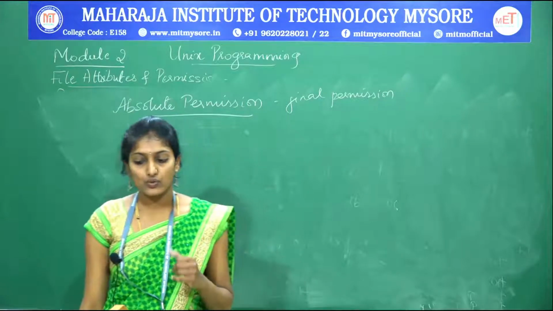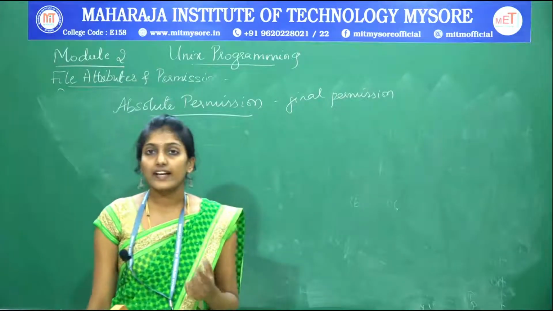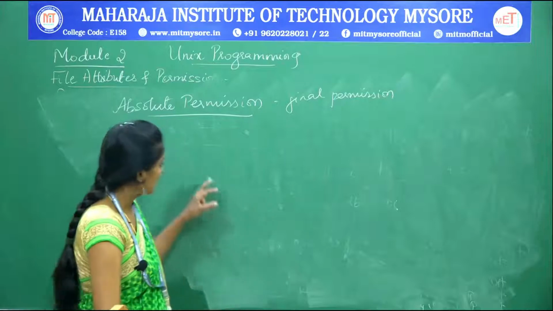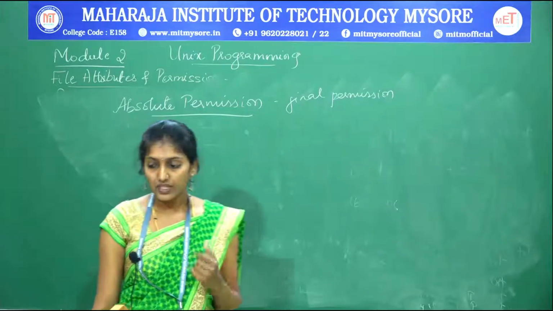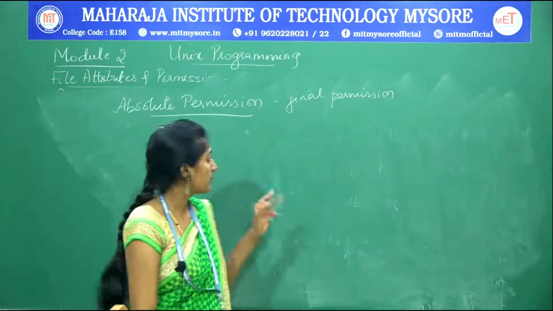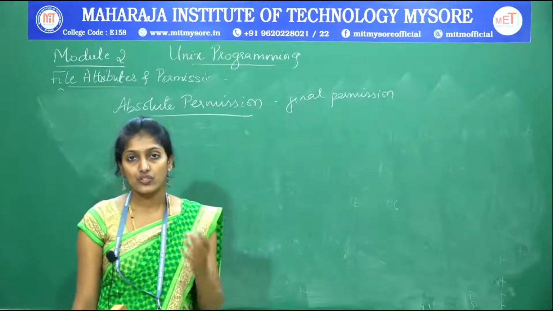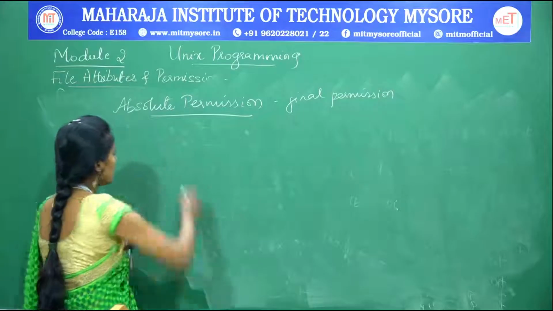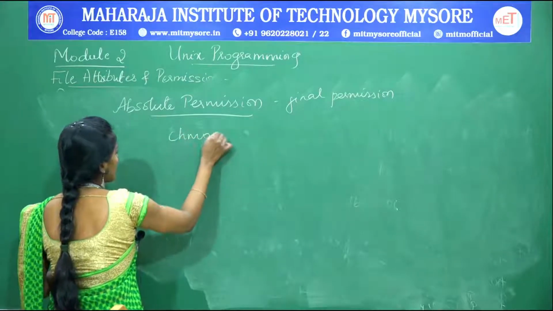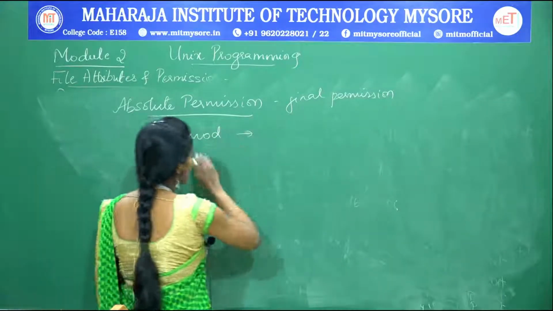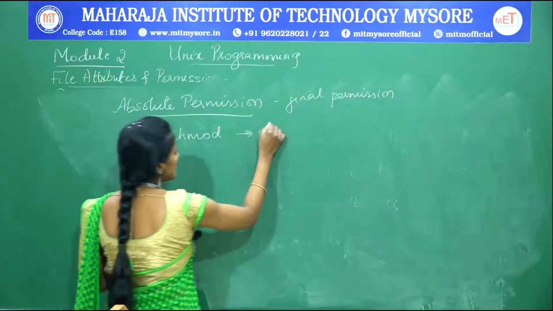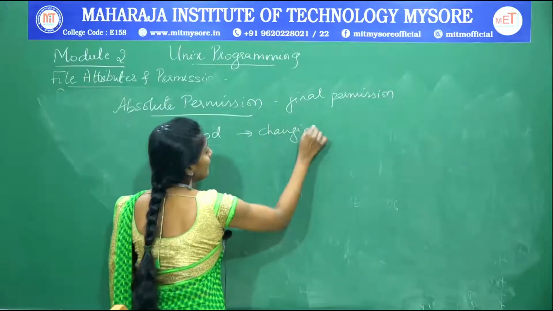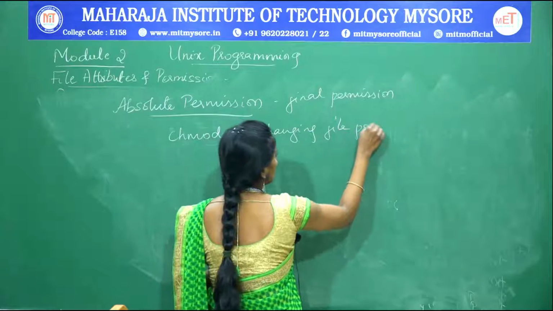So when a user wants to know a file's current permissions but wants to set all the 9 permission bits explicitly, that can be done using the chmod change command, that is, changing file permission.